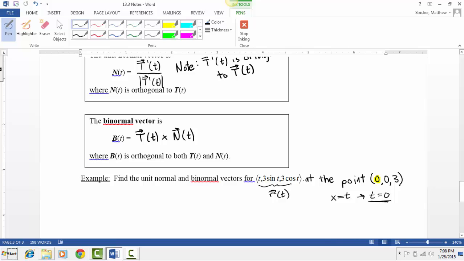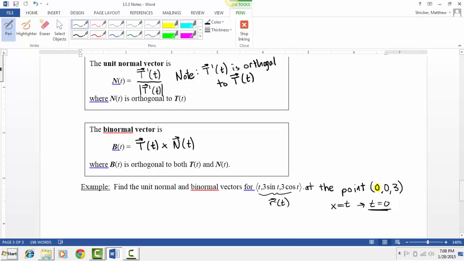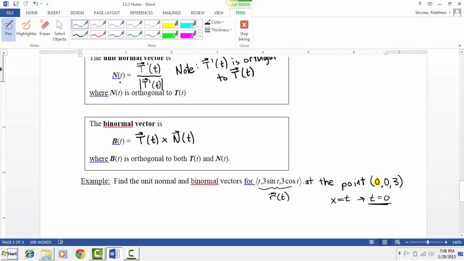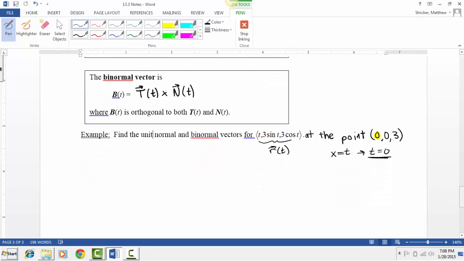So now that we've done that, we can go ahead and compute some of the things that we are going to need to find both my unit normal vector and my binormal vector. You'll notice the formula for the unit normal vector requires us to have T prime, but before we can have T prime, we have to have T. So if you remember, the way we find T, the unit tangent vector, is the following formula.